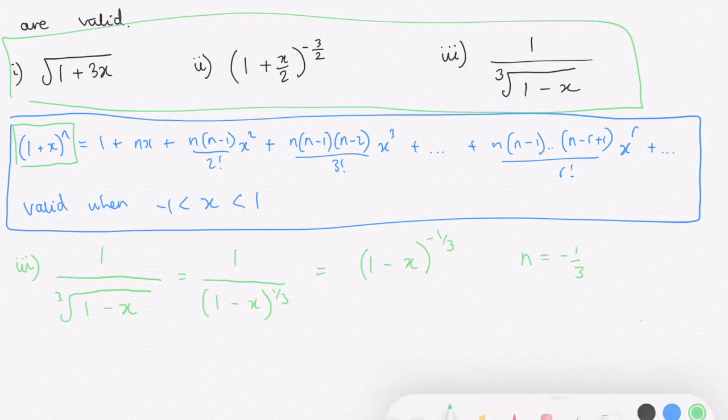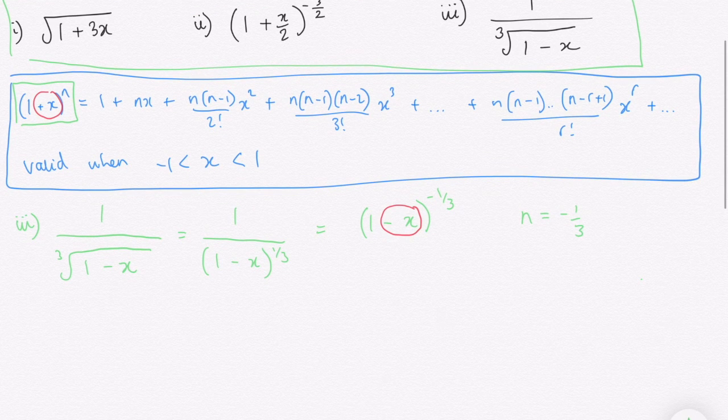And what we need to be very, very careful of here is in our general binomial expansion, we have a plus x here. But here we have a negative x. So all of our x's need to be replaced by a negative x in our binomial expansion. So let's do that. What do we get?